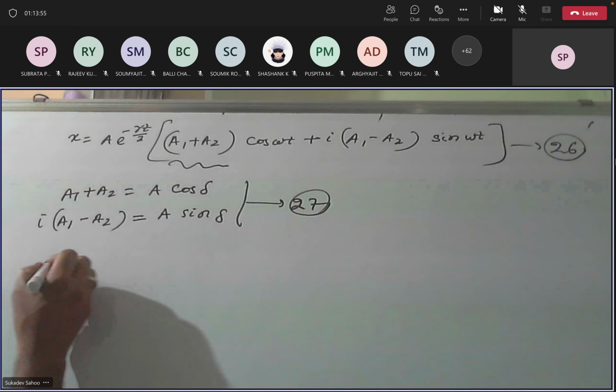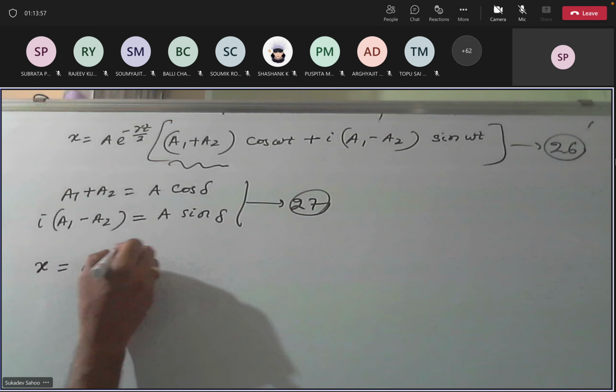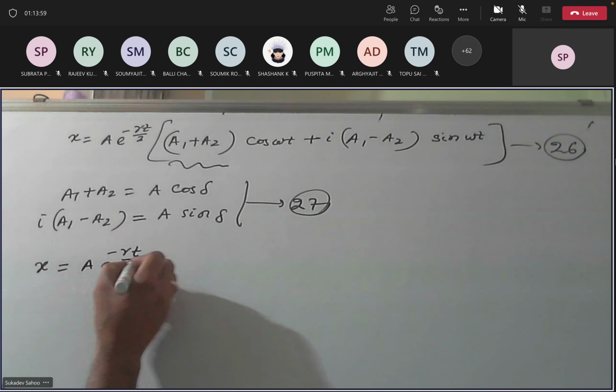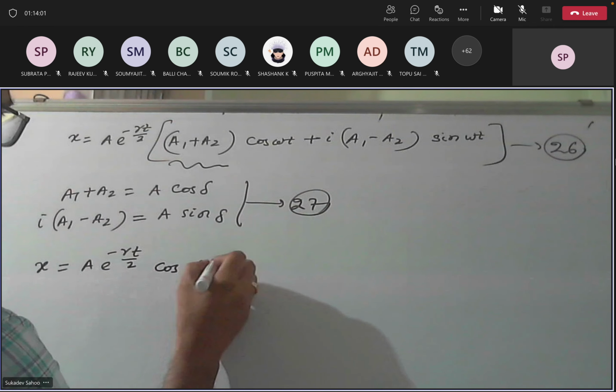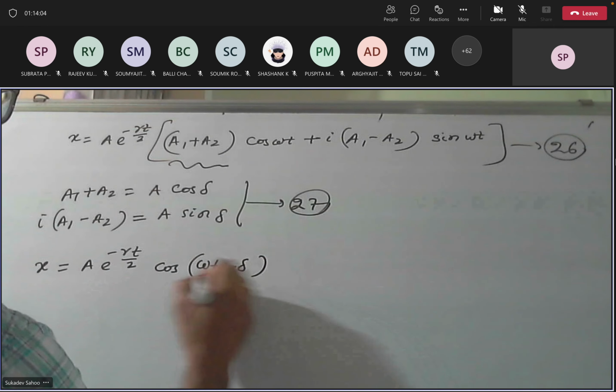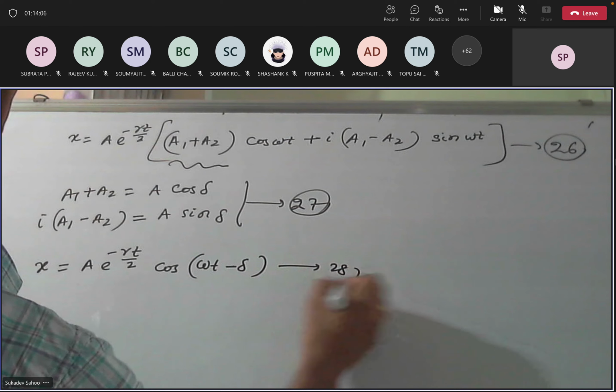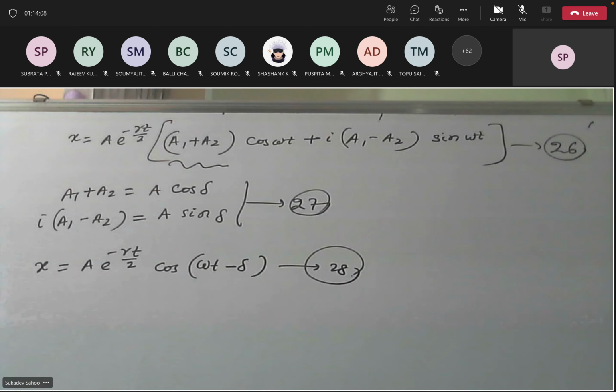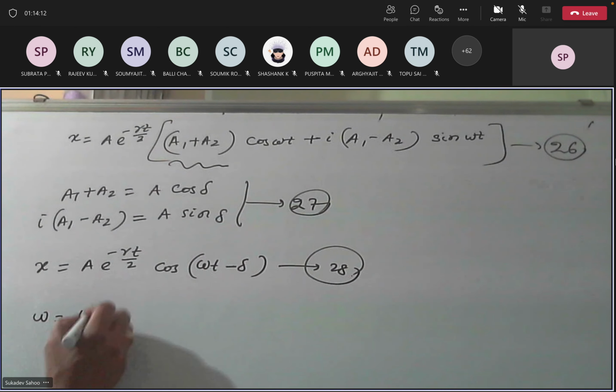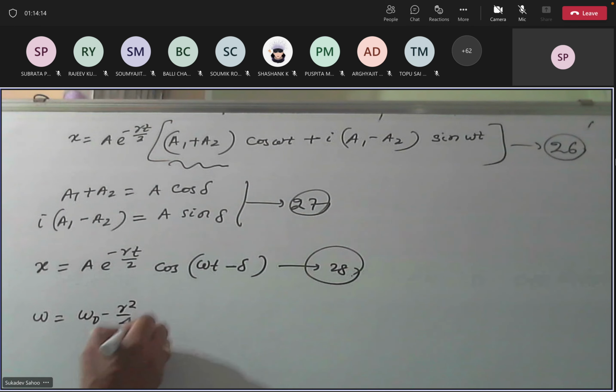Then we will get x equal to a e to the power minus gamma t by 2 cos (omega t minus delta), where we already know omega equals (omega 0 squared minus gamma squared by 4) to the power half.